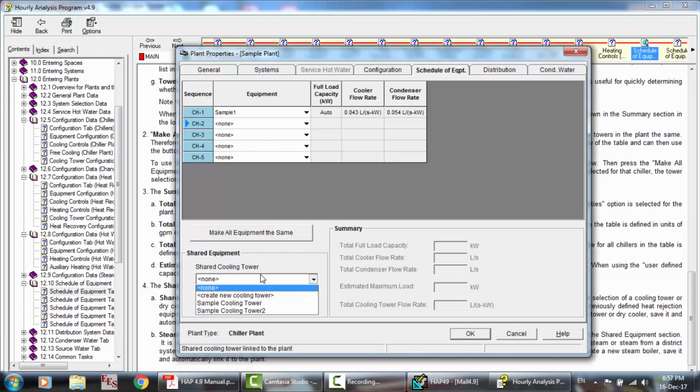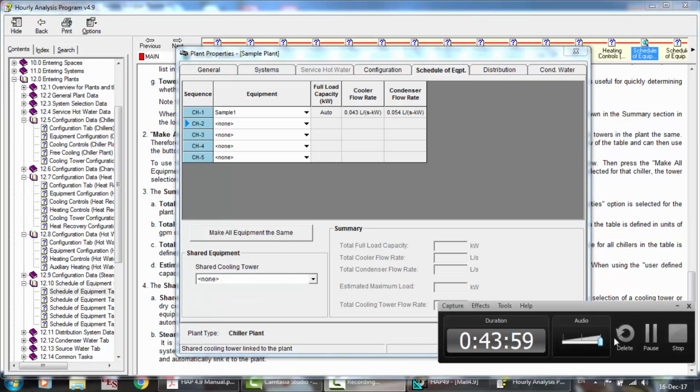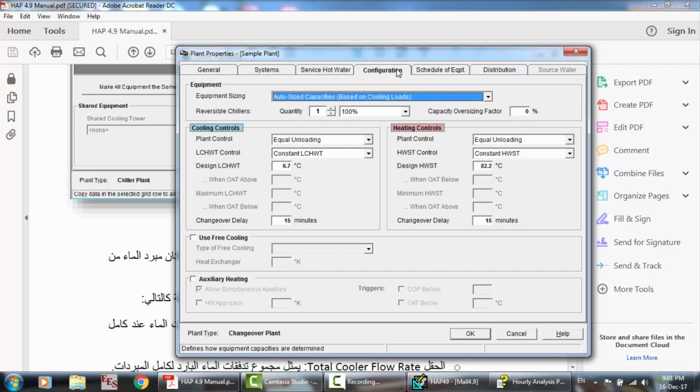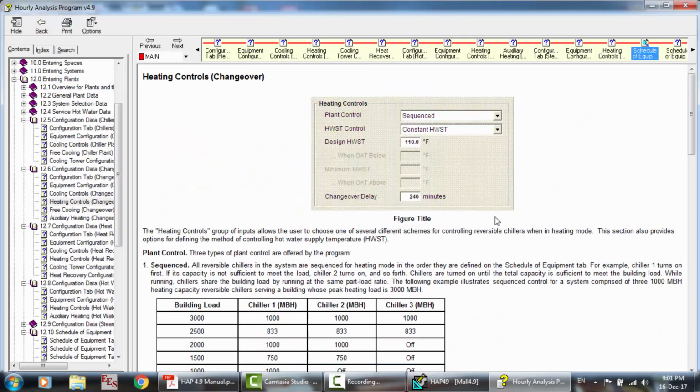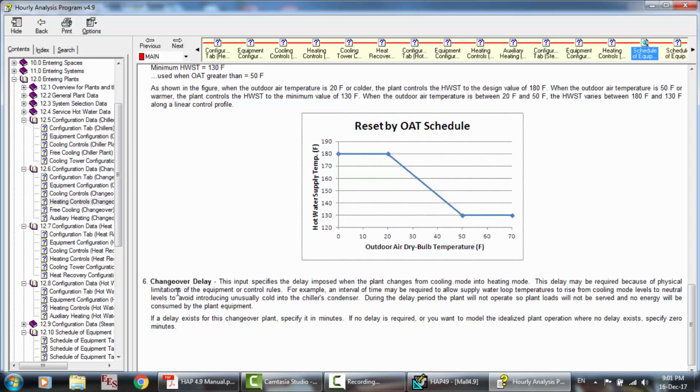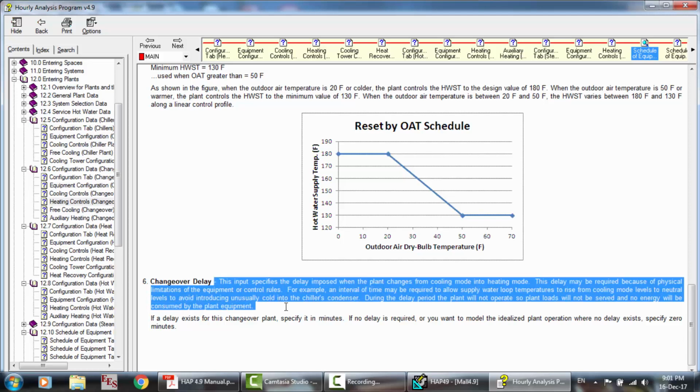Also, gentlemen, from the changeover plant, something that you have to see is the changeover delay. You can use this input to specify the delay imposed when the plant changes from cooling mode into heating mode. This delay may be required because of the physical limitations of equipment or control rules.